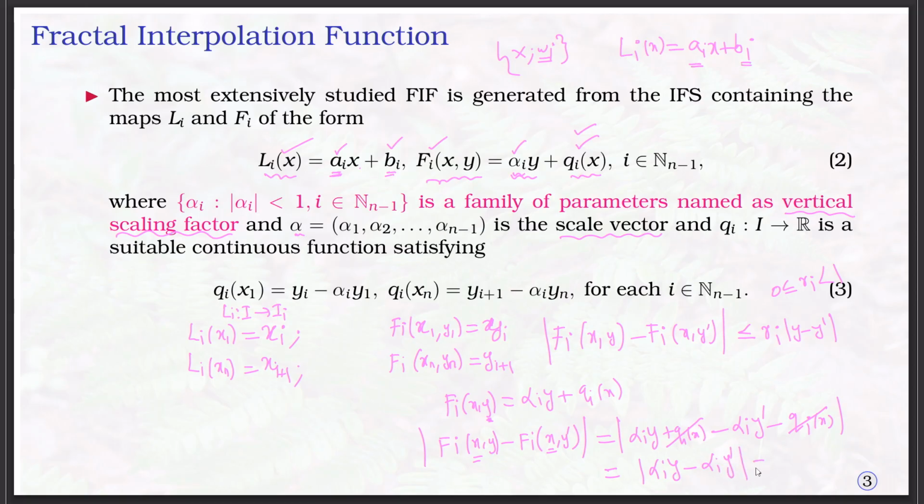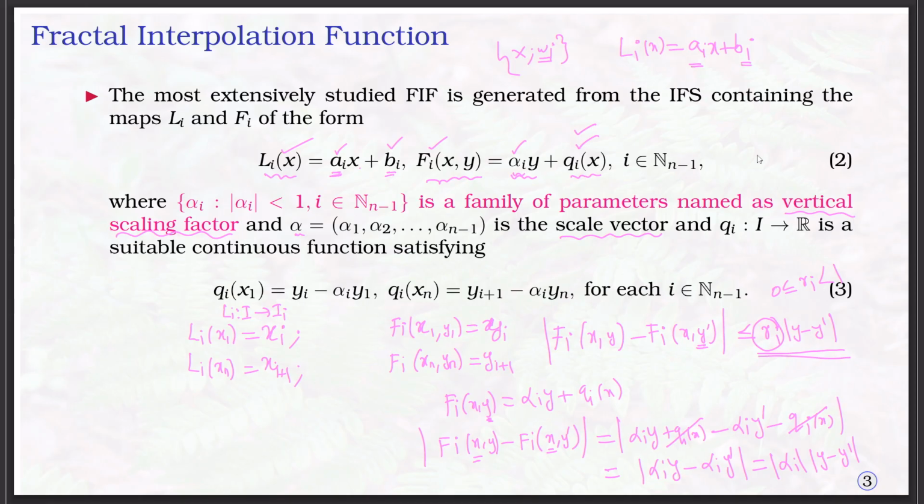So, this we can write as the modulus of alpha i times y minus y dash. Now, you can compare: this Fi is a contraction with respect to the second variable. Therefore, while constructing this, we obtained this result, that means ri lies between 0 and 1.